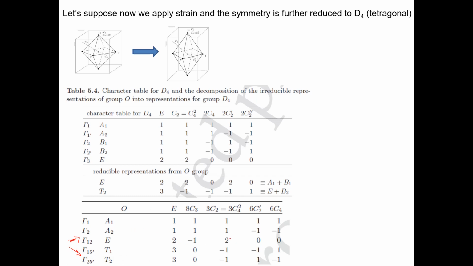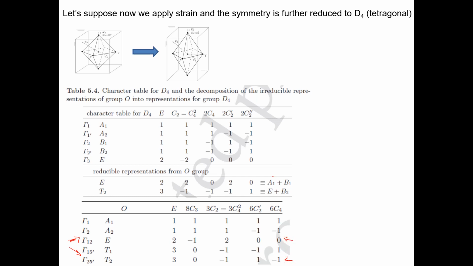So I have to look at what symmetry operations I originally had for the O group, which of them remain for the D4 group, and I have to find the corresponding characters that I have here for E and for T2.